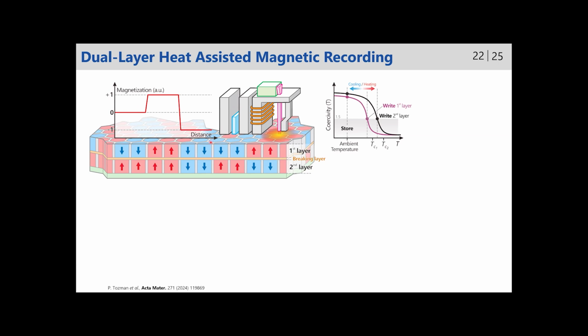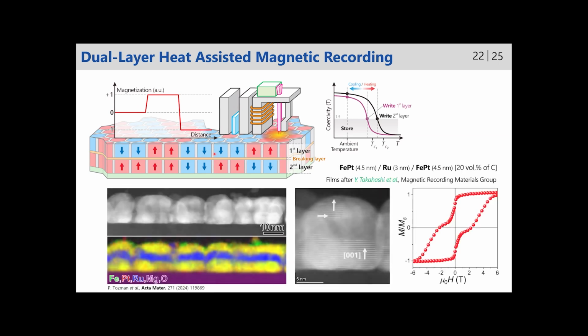So instead of minimizing the grain size, we can just try to make a multi-layer structure. It's also quite challenging. But recently in NIMS, such a media was synthesized. So in this EDS data, you see that iron platinum grains are split from each other with ruthenium non-magnetic layer.